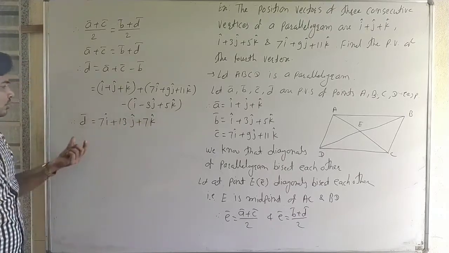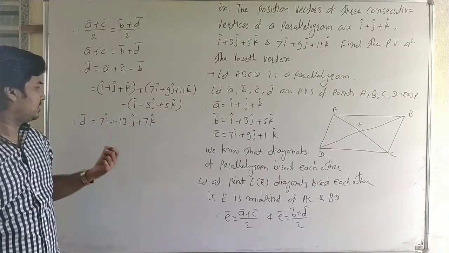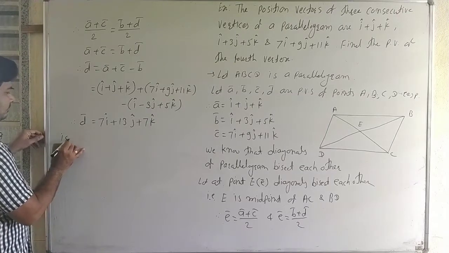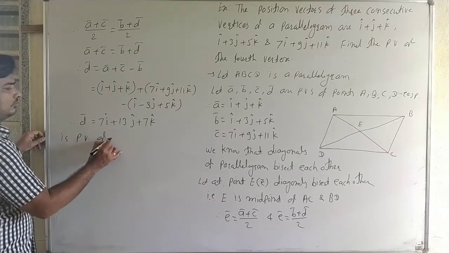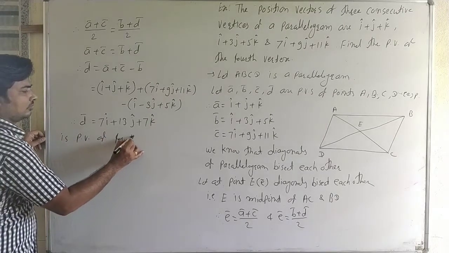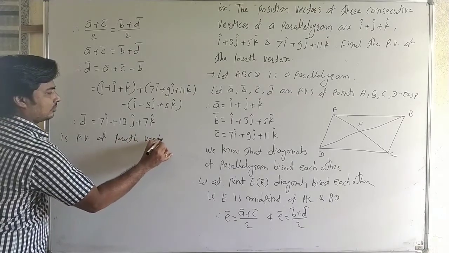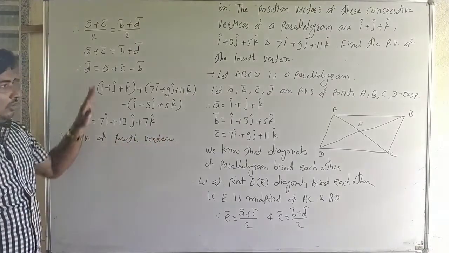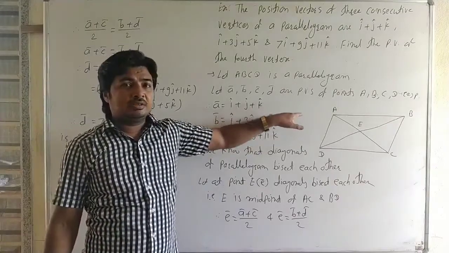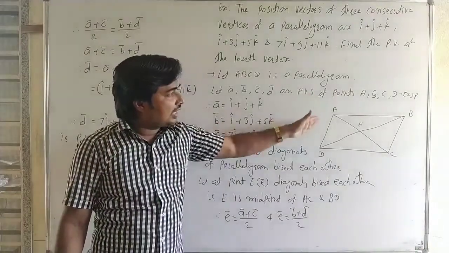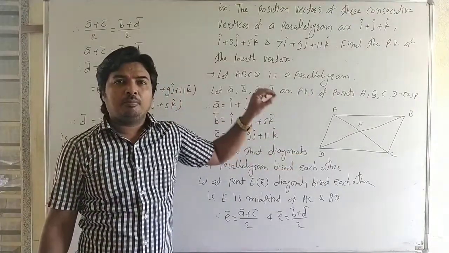This is the position vector of the fourth vertex of the parallelogram. Here we used the condition that the diagonals of a parallelogram bisect each other.